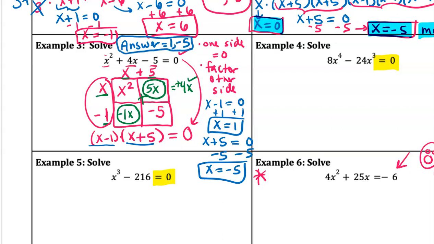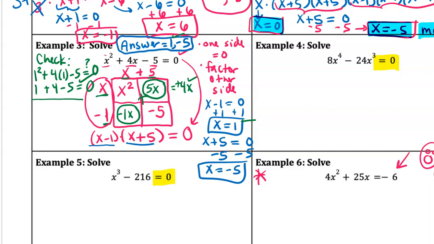But the one nice thing about these problems is you can always check and see if that really is a solution. I can check by taking my answer and plugging it into my equation to see if it makes it true. So if I plug in 1 for x, I just want to see if it would make this part 0. So this would be 1 plus 4 minus 5. And yes, that does equal 0. So I definitely know that 1 is a solution.